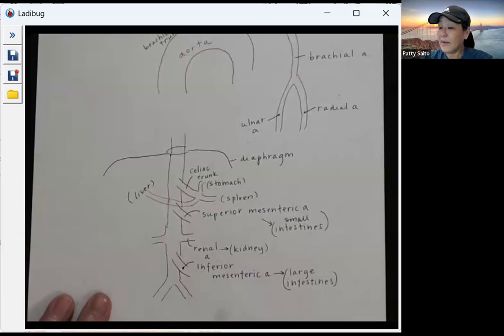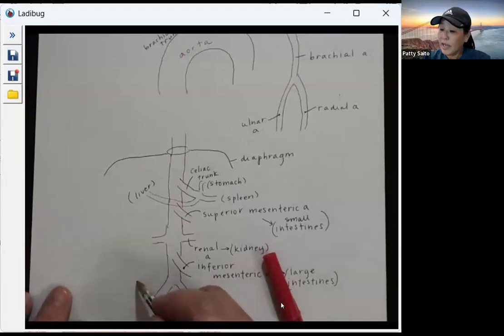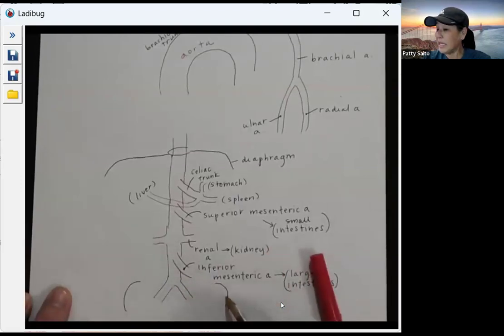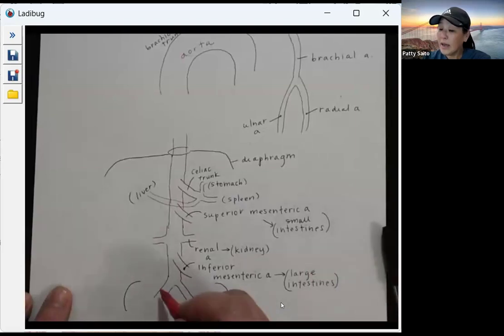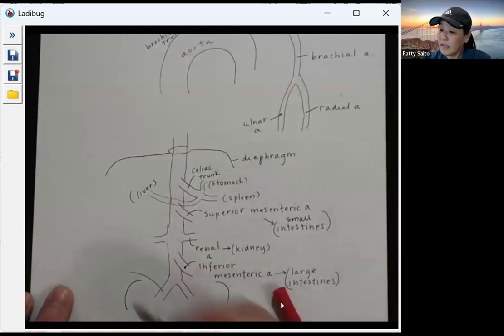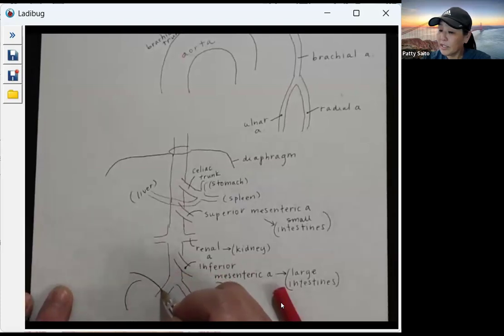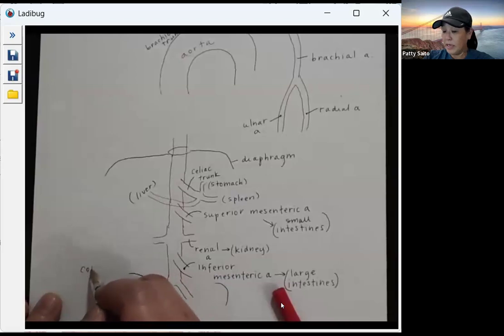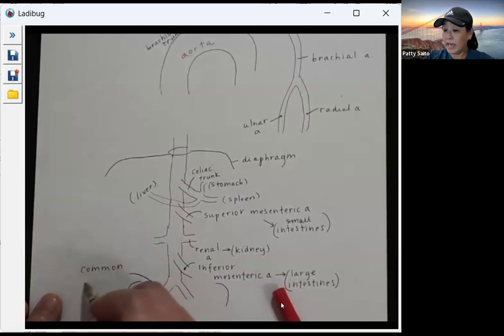And then we end, and it actually branches, at the level of the ilium. Okay. So we have our hip bones here, this being the ilium. And so we call these iliacs. But the first branch is called the common iliac artery.